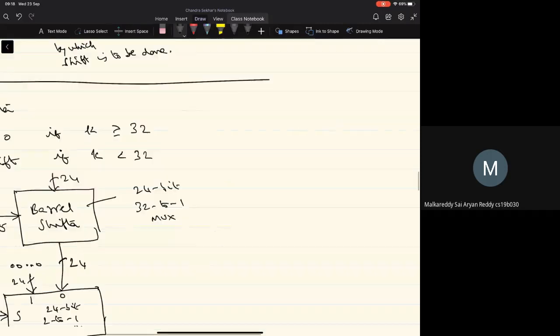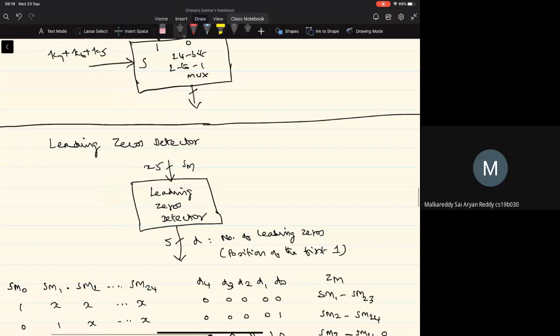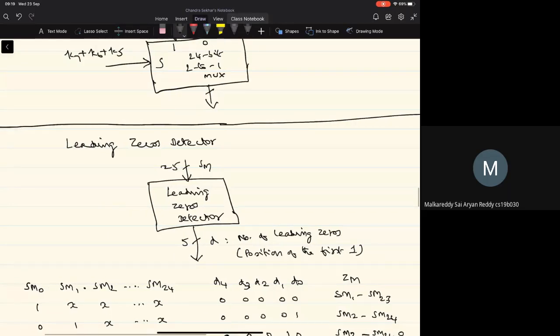What is the first thing that we need to do? Given this 25-bit sequence, I need to find out where the first one is present. It's equivalent to saying how many leading zeros are there in the bit sequence. So what are the different possibilities? Let's say I have 1 in SM0, then SM1, and so on, up to SM24.